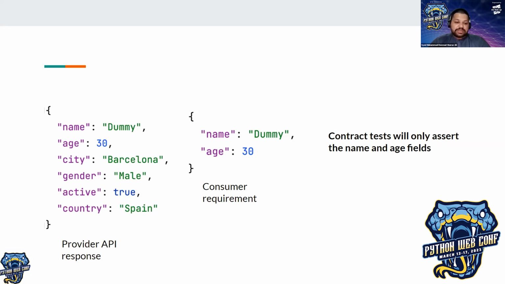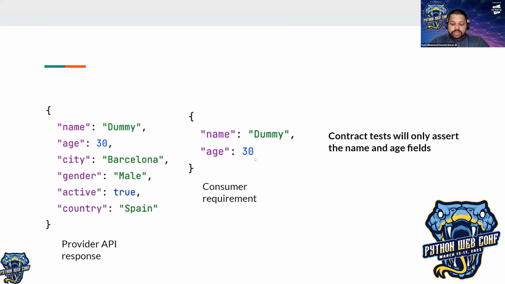Consumer is someone that is utilizing the API for its own usage. So on the left side, we have a provider API response that is returning us 6 fields: name, age, city, gender, active, and country. Our consumer is only interested in name and age. Name should be a string and age should be an integer.